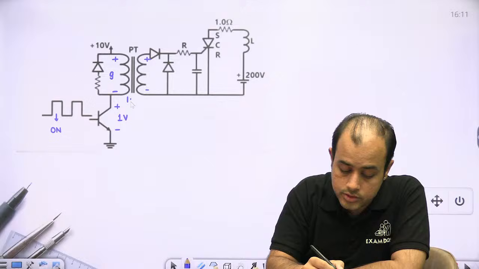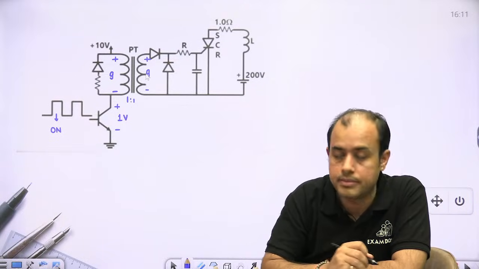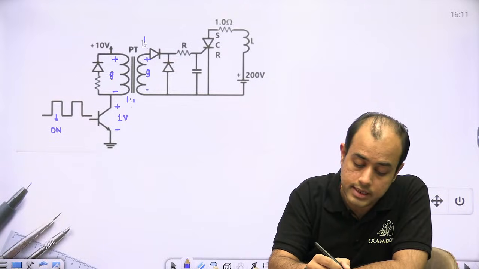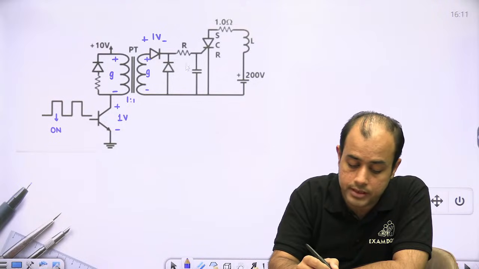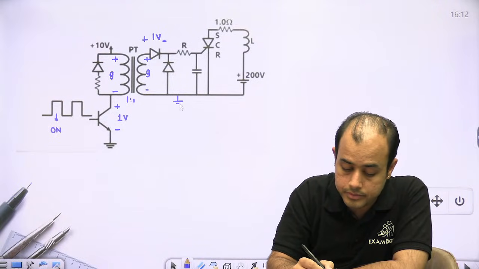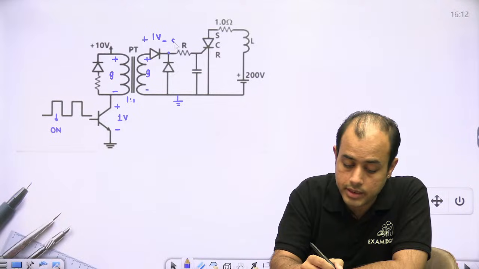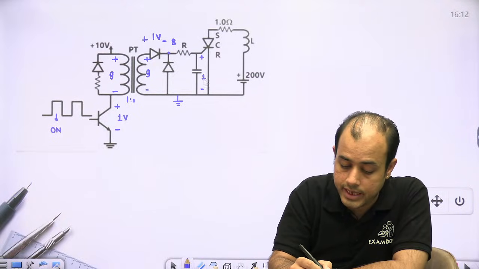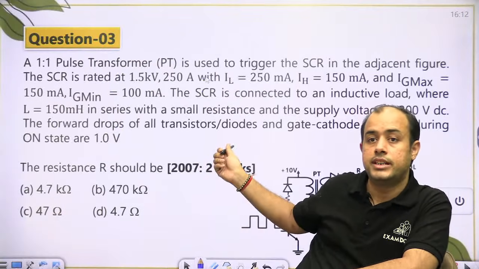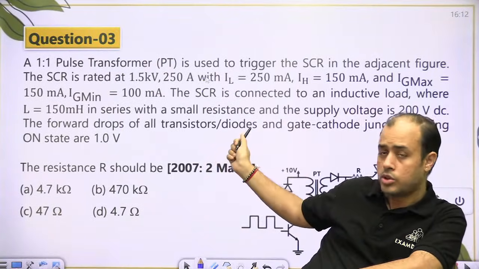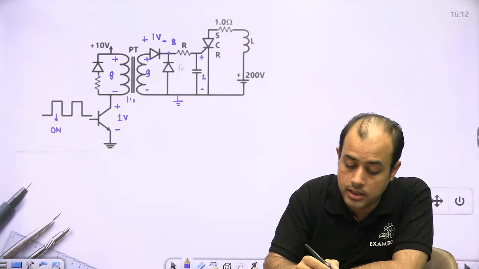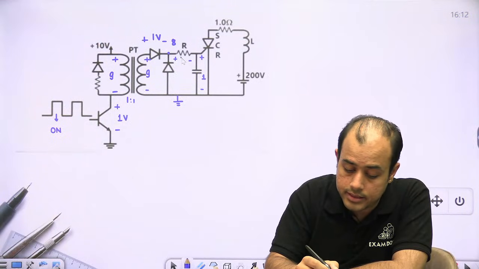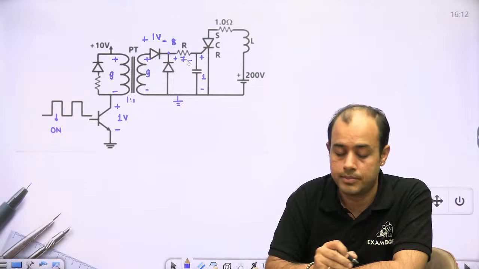Now it is 1:1, so I get 9 here. Across the diode there is a drop of 1, so here I have 8. Between gate and cathode, it has mentioned the drop is 1 volt. So basically, the resistor has 7 volt.